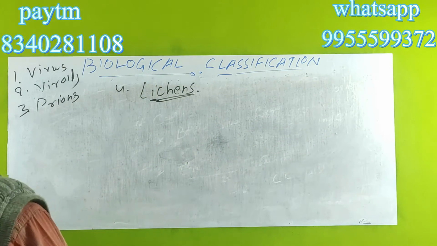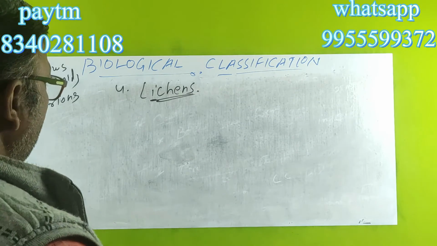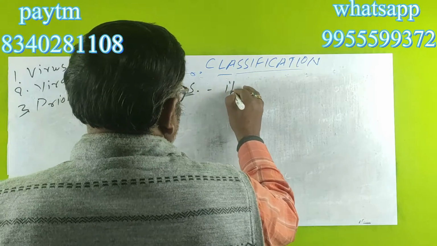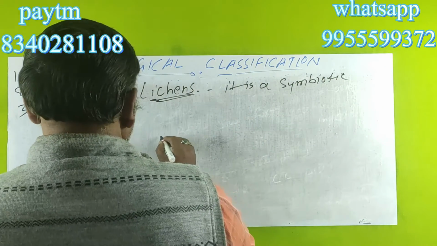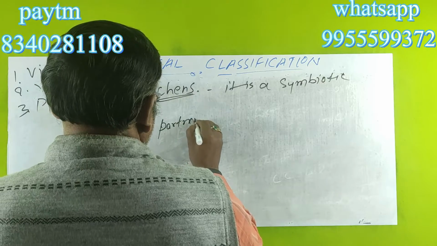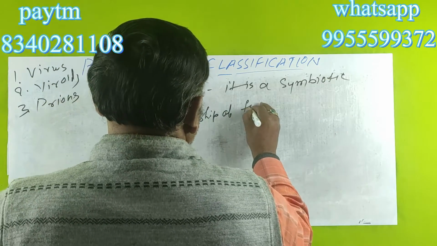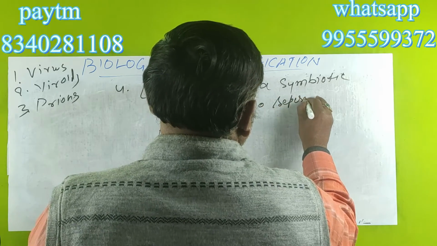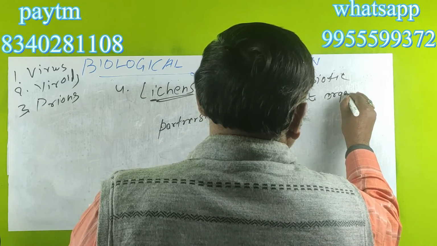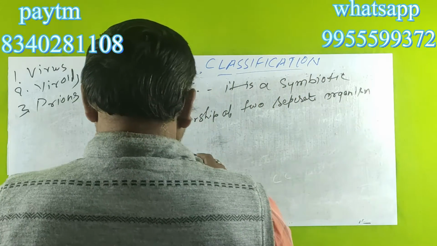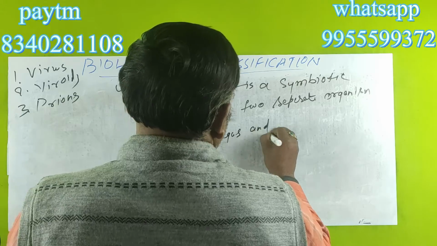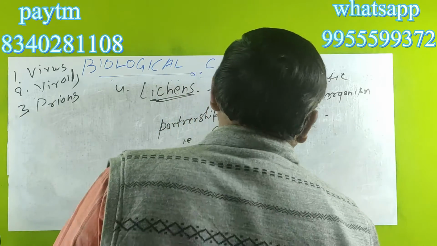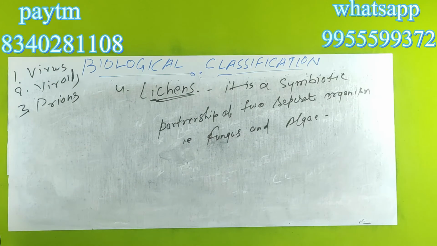So lichens are a symbiotic partnership of two separate organisms, that is fungus and alga.